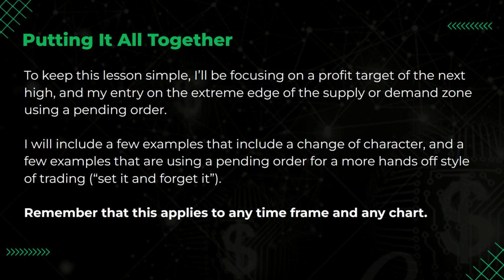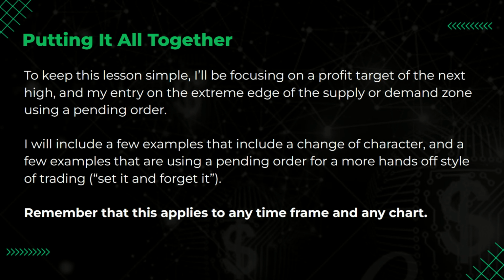So to keep this lesson in this video as simple as possible, I'm just going to be mainly focusing on a profit target of the next high and my entry on the extreme edge of the supply or demand zone using a pending order.